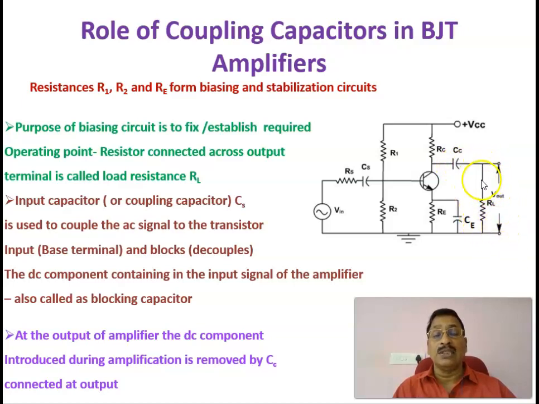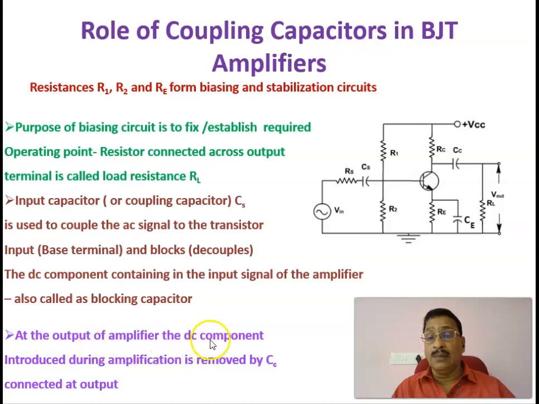The load may sometimes be a loudspeaker. The microphone is on the source side, where the signal comes from, and the speaker is the load. Therefore, here the DC is to be blocked, and only the amplified version of the AC signal passes.